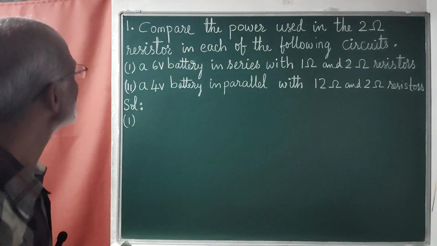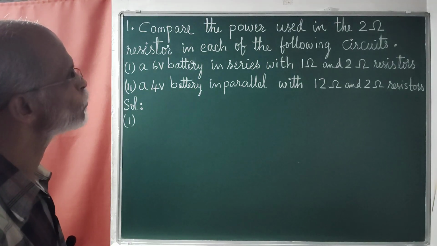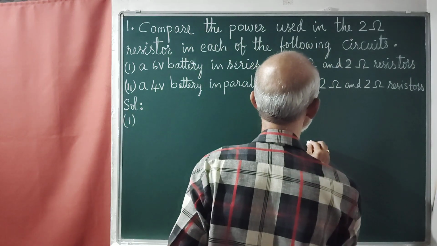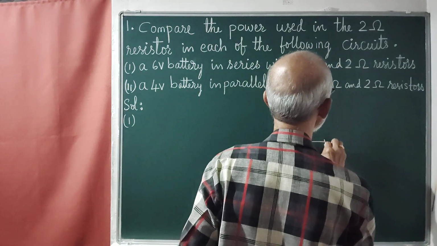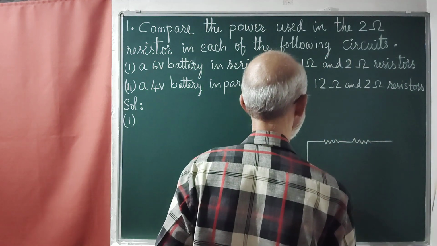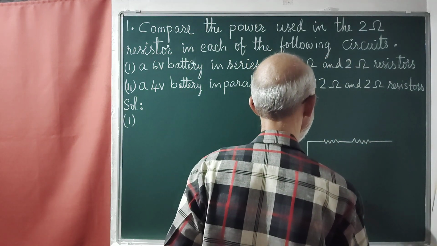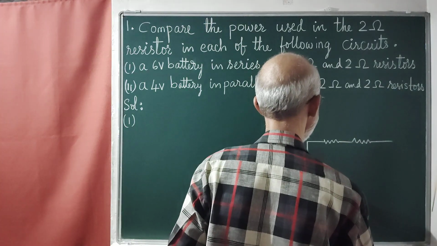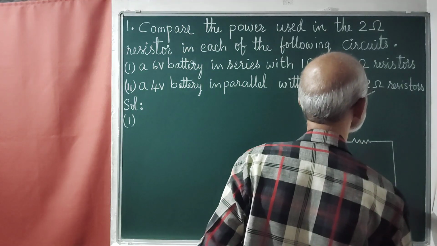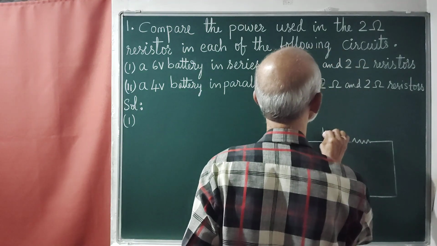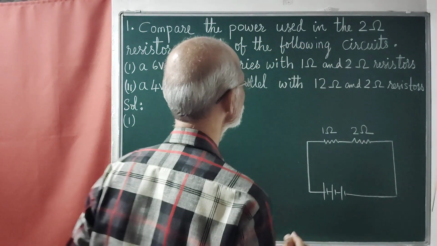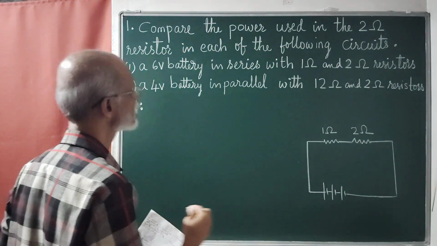It is a 6 volt battery in series with 1 ohm and 2 ohm resistors. So this is the circuit diagram.